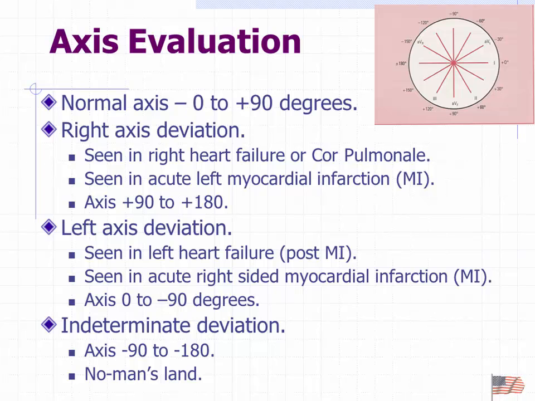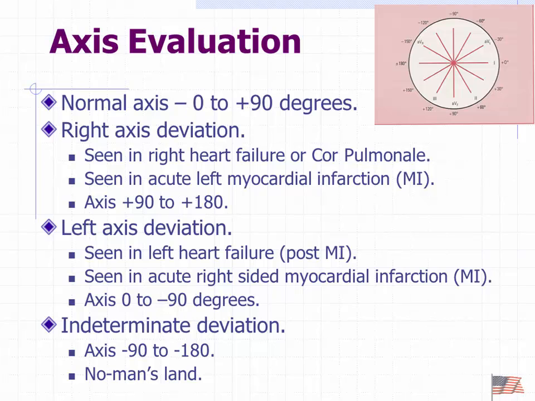good. Left axis deviation means that we're in the upper right quadrant, and that would be caused by either left heart failure, where I have left ventricular hypertrophy, or a right ventricular infarction.